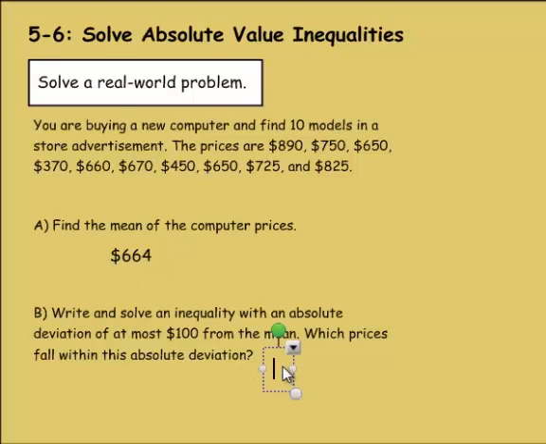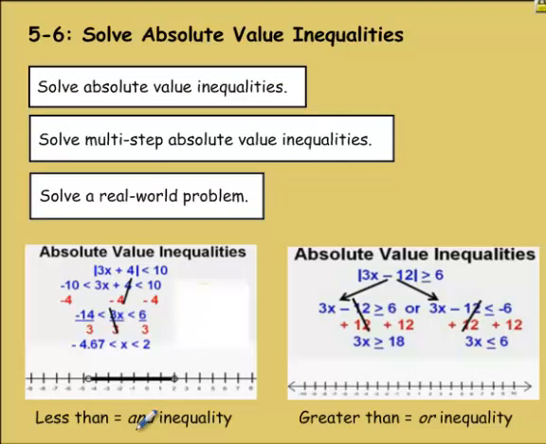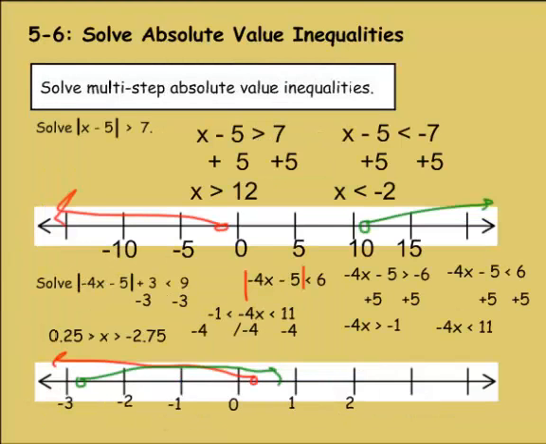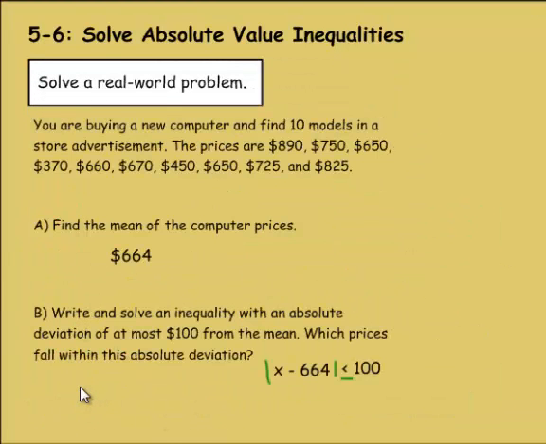So if I write this as an inequality, the difference between x and 664, which is a subtraction problem, so there's an absolute value there. The absolute value of that has to be less than or equal to 100. So this is a less than or equal to, which would be an AND. So therefore, negative 100 is less than x minus 664, which is less than positive 100.